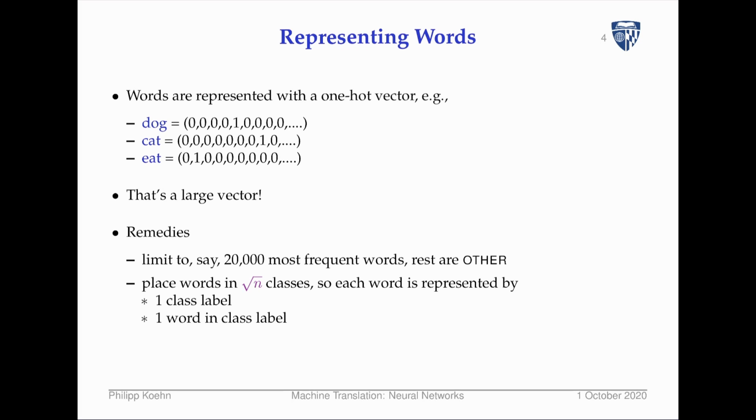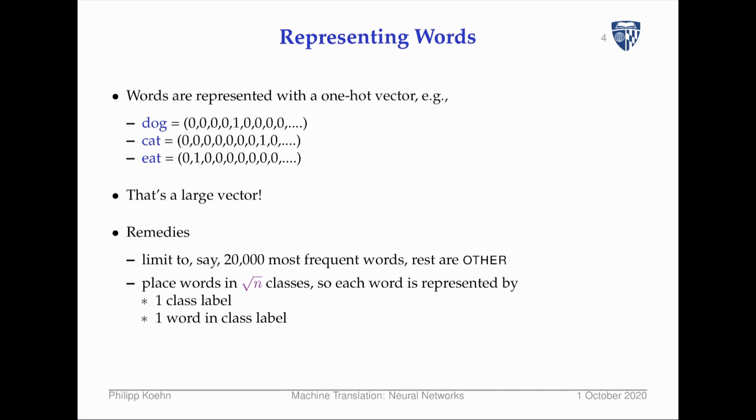Another idea is to break things up into classes. If we have 10,000 words, let's say, and we have 100 classes, and each class has 100 words, then each word is identified by a class ID and a word ID, with 100 classes and 100 words in the classes. So we only need a 200-dimensional vector.